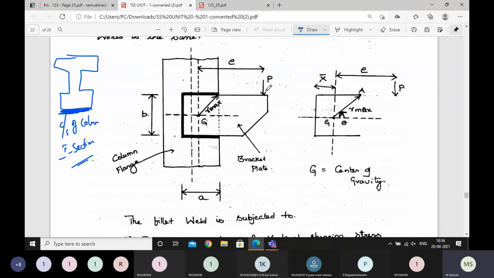ఏదైతే P మీరు అప్లై చేస్తున్నారో that is going to transfer on to this column, right? Good. And ఇది bracket plate. And remember, there is a centroid to the complete section. ఈ section కి, ఈ I section కి, I section centroid ఇది. Centroidal axis. కానీ ఇదేంటి?